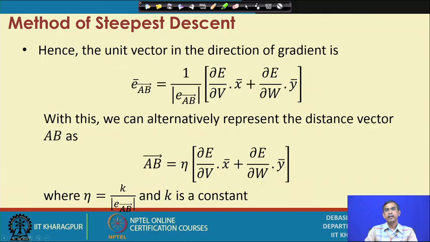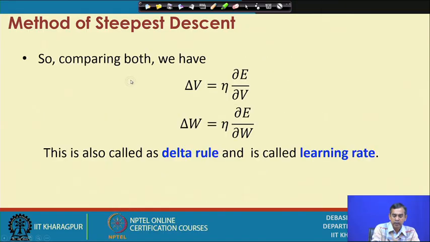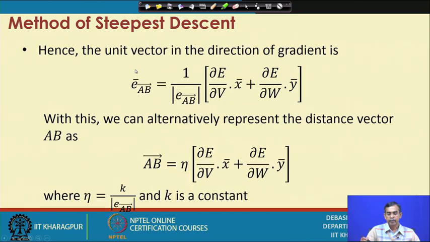Now, if E(AB) denotes the error gradient, then the unit vector for that gradient can be represented by dividing by the magnitude of the vector. So, it is basically the unit vector representation of the gradient vector.